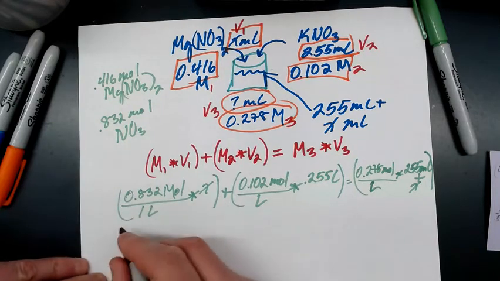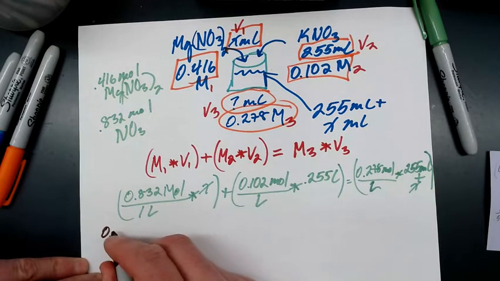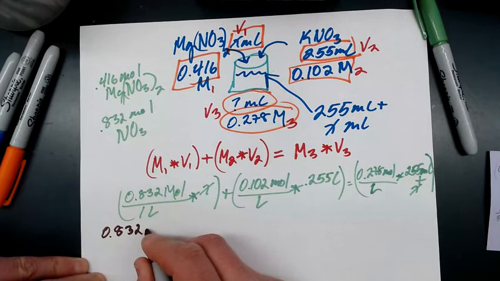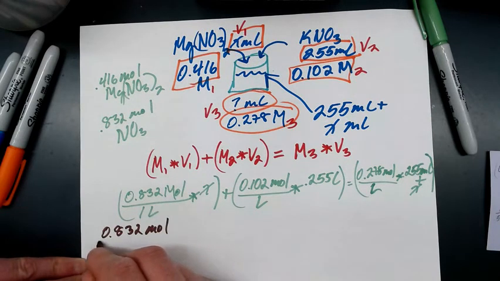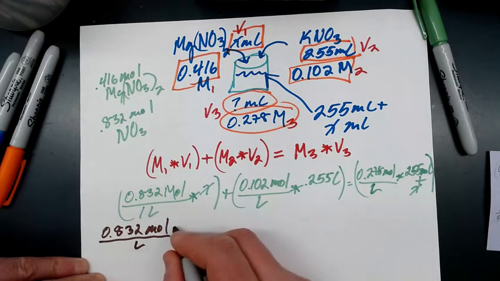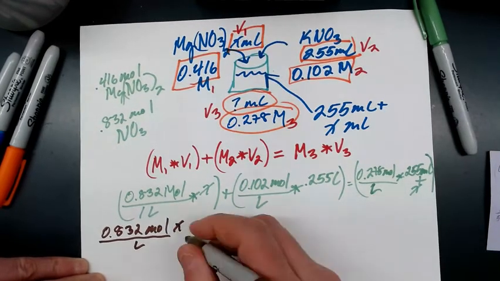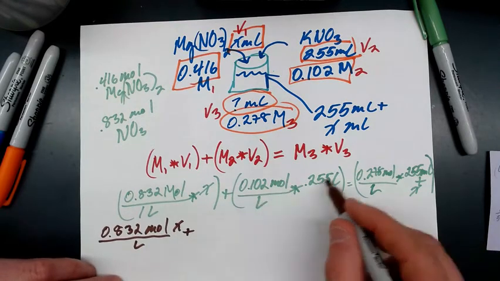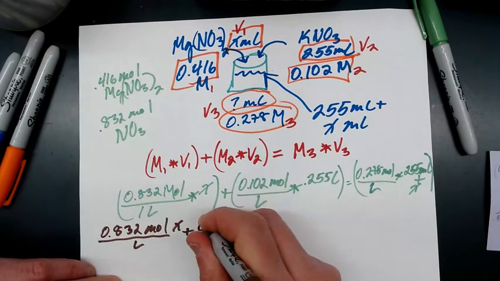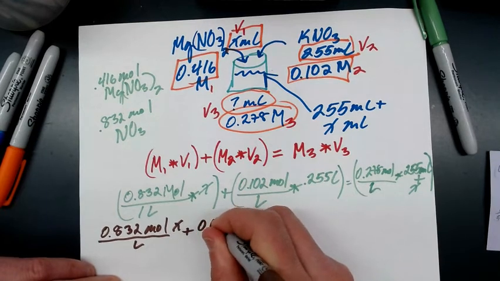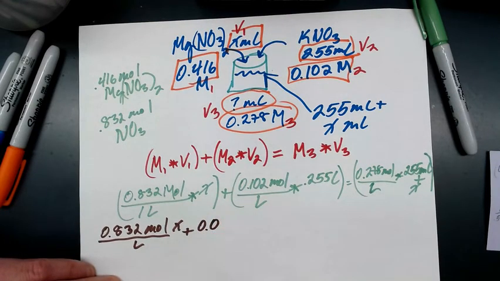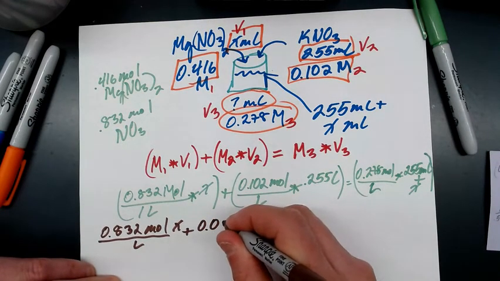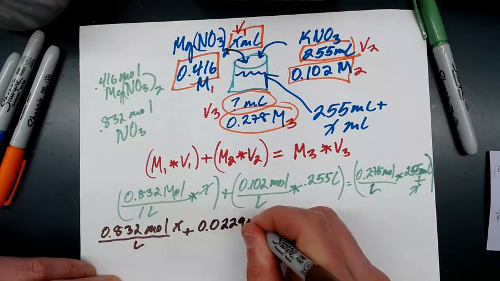I'm going to multiply these two out and write this over here: 0.3832 moles per liter X. Plus these two, the liters cancel out, which is nice. So I get 0.02295 moles.